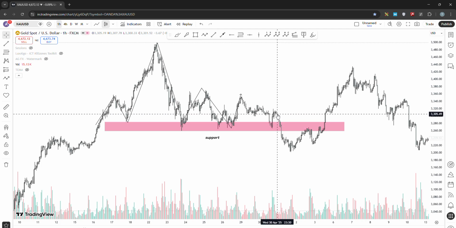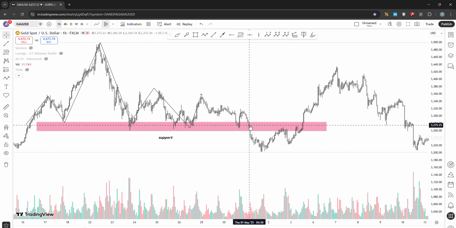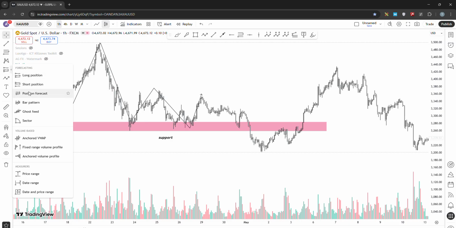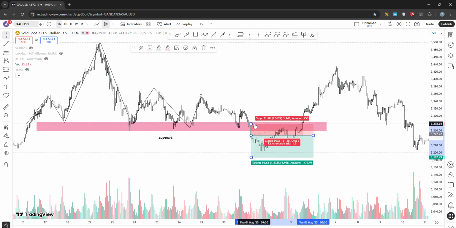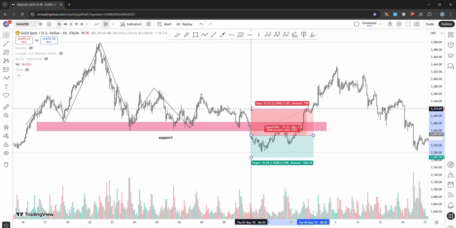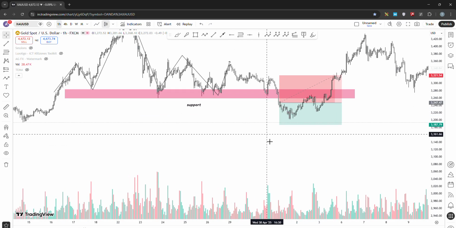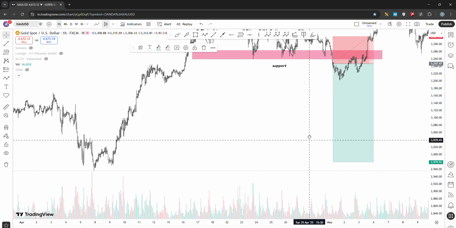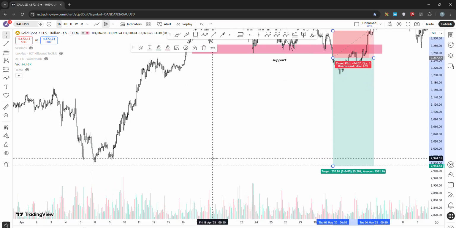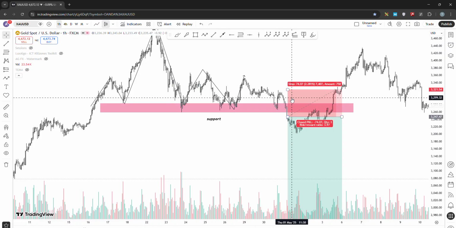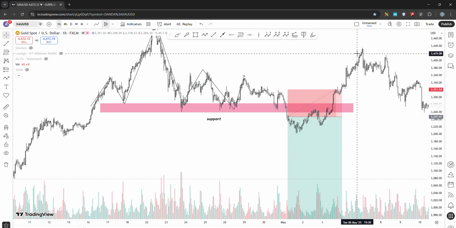What they will do is, once they see a breakdown, a strong candle closing which has broken this support, the aggressive sellers will come into the market. They will sell here, put their stop loss above the candle, or if they want to be conservative, above the last swing high, and they're going to target the next support, which is going to be at this low, right? But you see what happens, they are taken out.